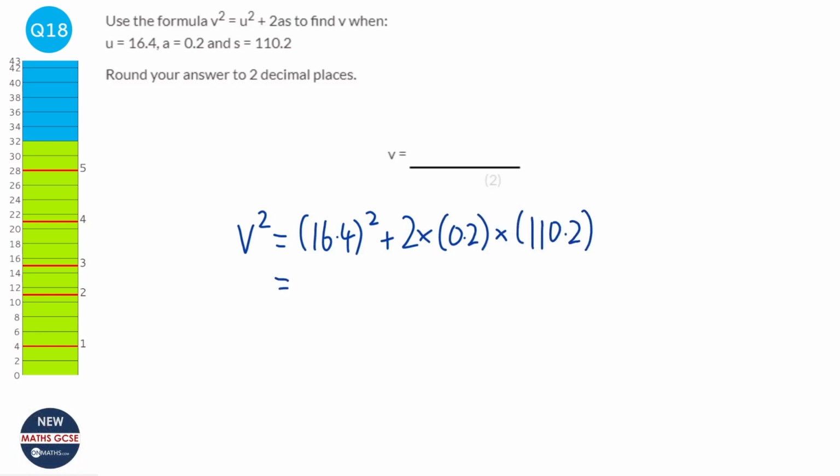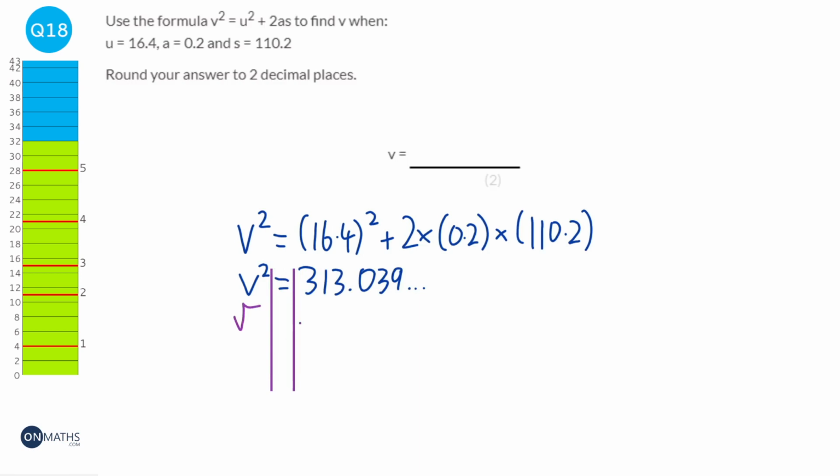Type that into the calculator and you get 313.039 and so on. And we're just going to quickly solve this by square rooting both sides, because it's v squared equals and we just want v equals. So v equals, and we're just going to square root that on the calculator, 17.692 and so on.